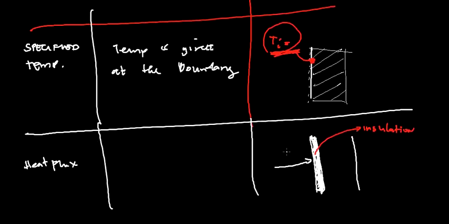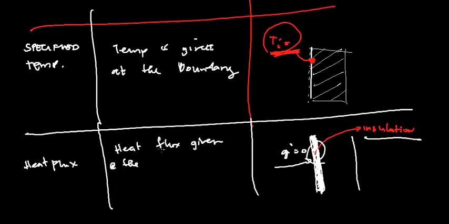So the Q at the boundary is zero because you have a perfect insulation in your wall.